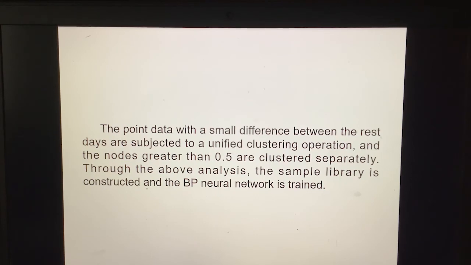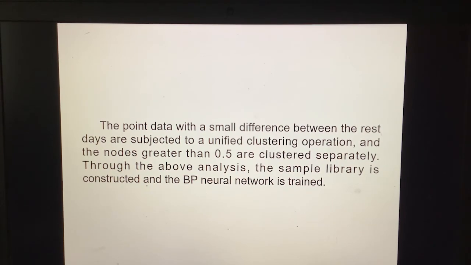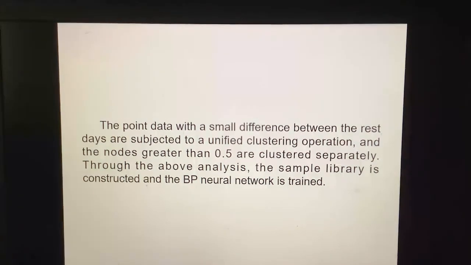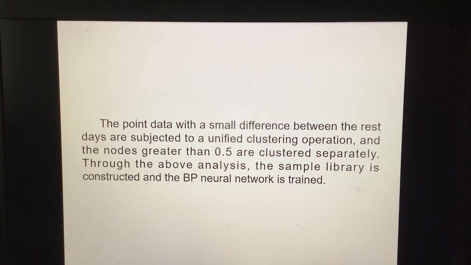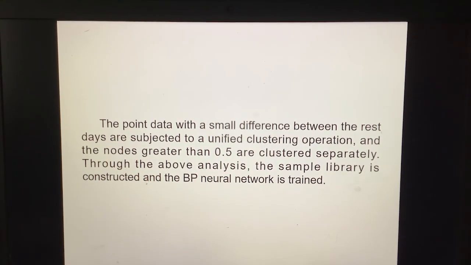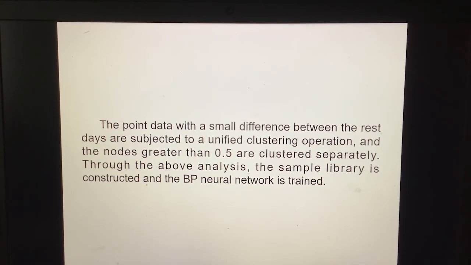The point dates with a small difference between the rest dates are subjected to a unified clustering operation, and the nodes greater than 0.5 are clustered separately through the above analysis. The sample library is constructed and the BP neural network is trained.